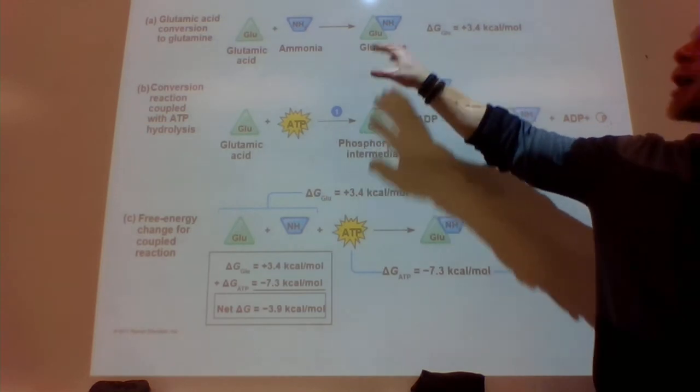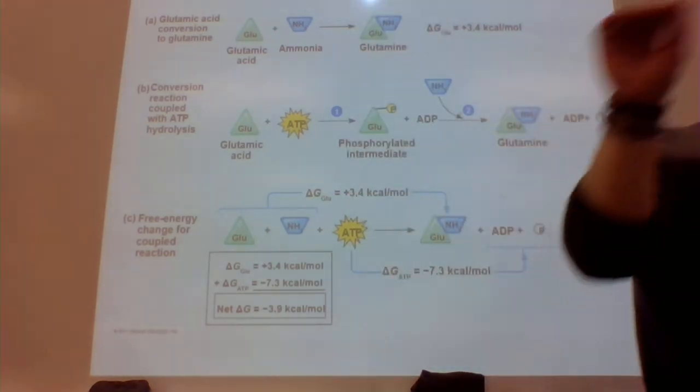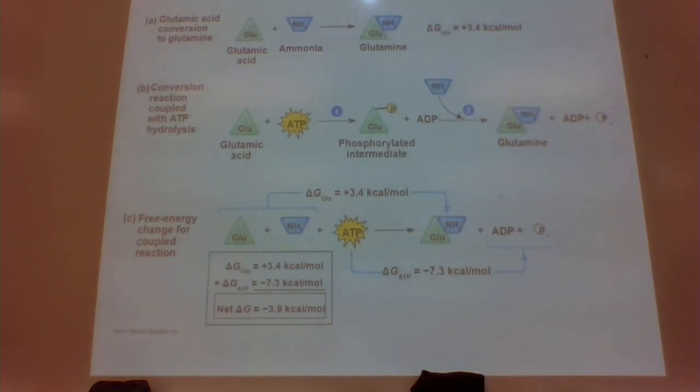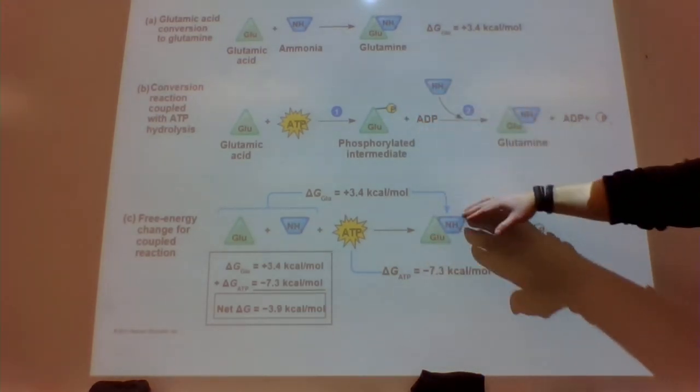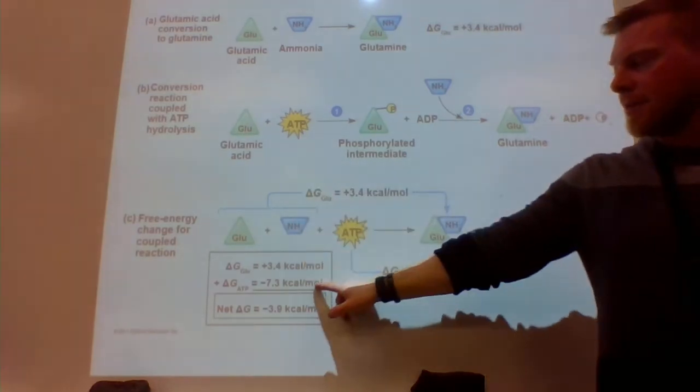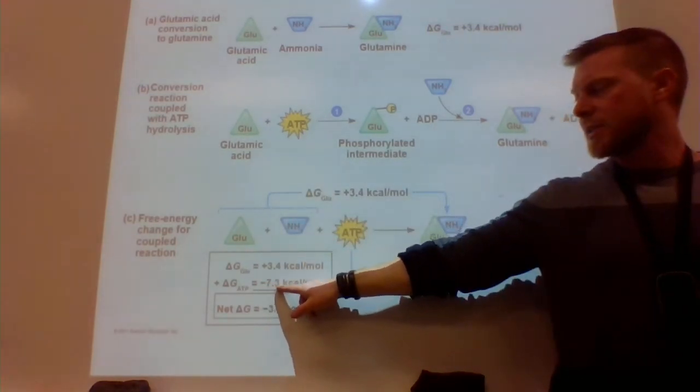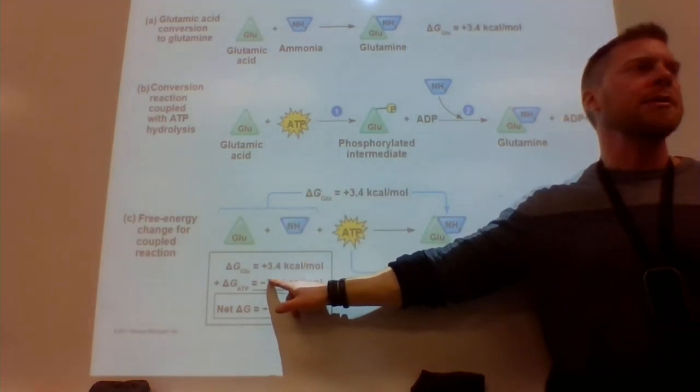All right. Now we're going to take this chemical reaction and we are going to couple it with the hydrolysis of ATP. Do you understand all those words? So now you have a coupled reaction. We have the exergonic reaction of breaking down ATP and the endergonic reaction of putting these two things together. So the hydrolysis of ATP releases 7.3 kilocalories of energy.